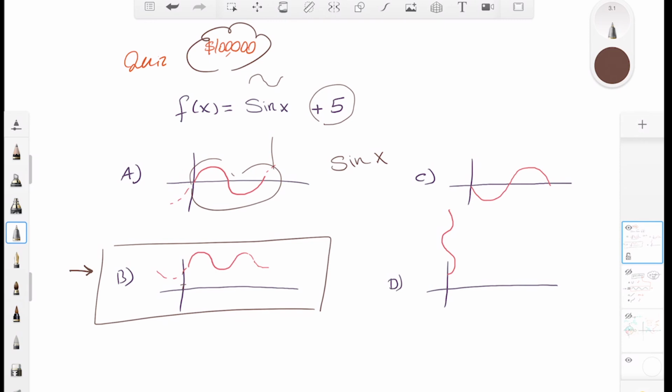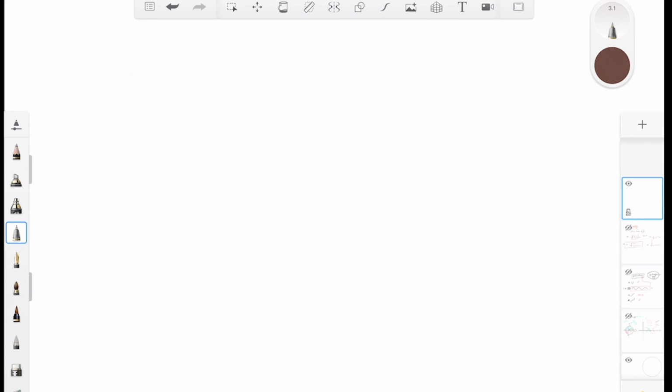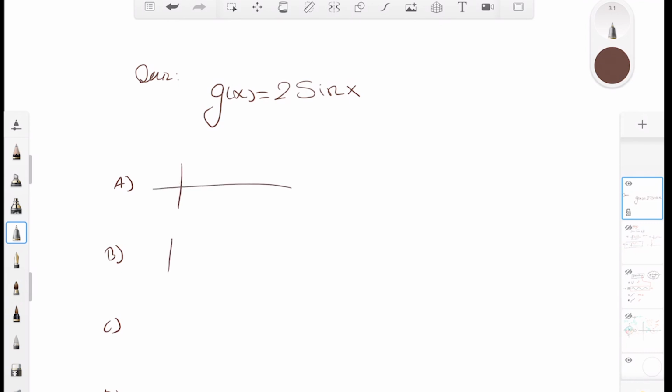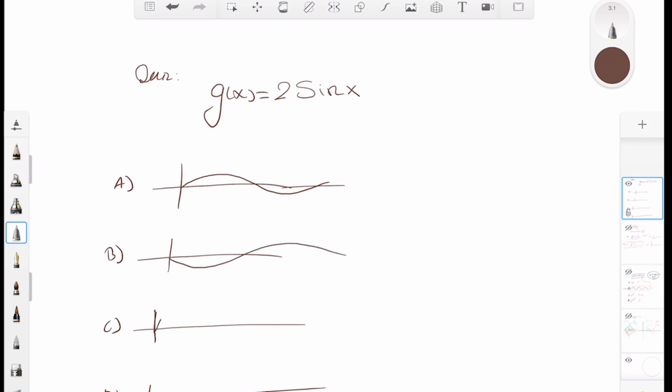All right, let's have another quiz. g of x equal to 2 sine of x. A, B, C, D. All right.